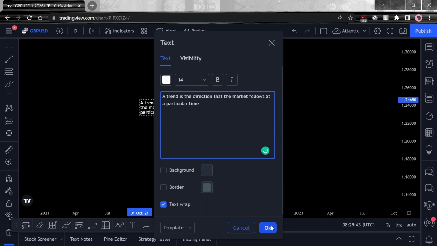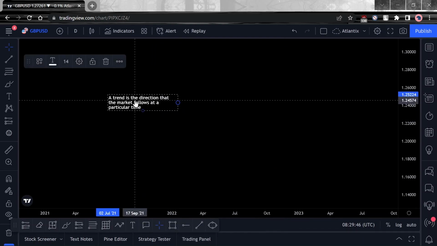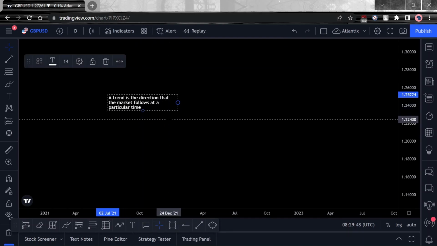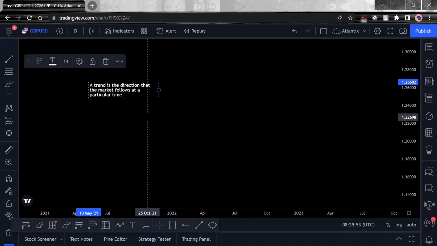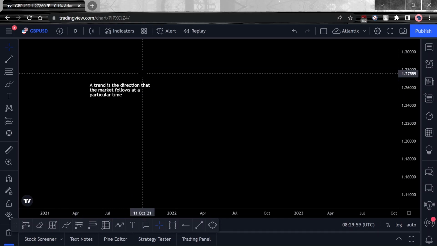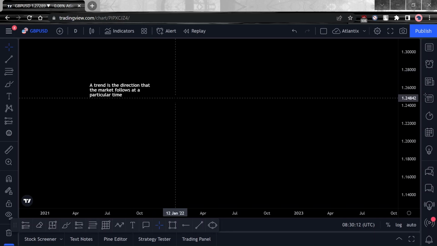Okay, it's that simple. The trend is the direction that a series of candles on a candlestick chart is following. All right. It can't get any more complicated than that. So whenever you open a candlestick chart and you see that the candles are going up, what you see is what you get. That's the trend. It's an uptrend, right? And the opposite is also true. If you see candles going down, you're in a downtrend.